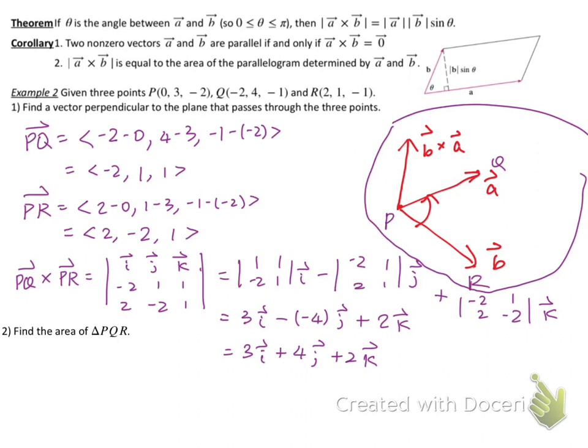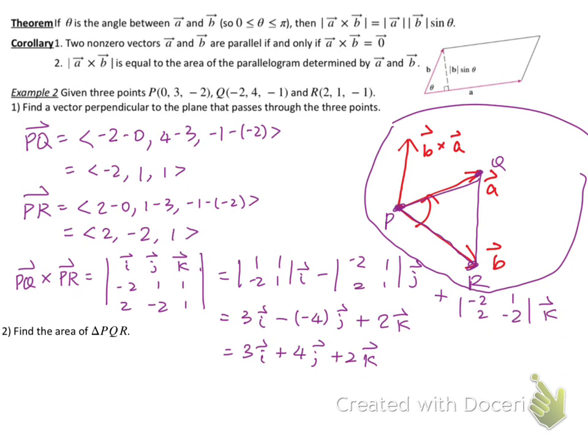Now the area of triangle PQR. Here's my P, here's my R, here's my Q. The triangle is this. And we know that the magnitude of our cross product is the area of the parallelogram of the two vectors, A and B, put together.